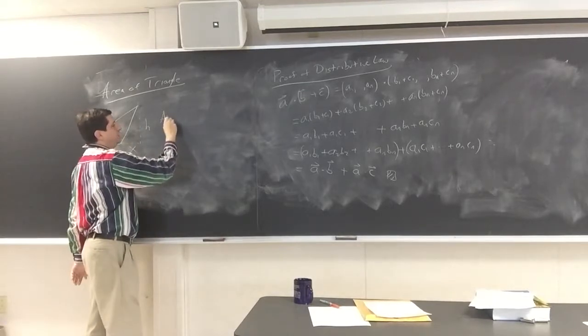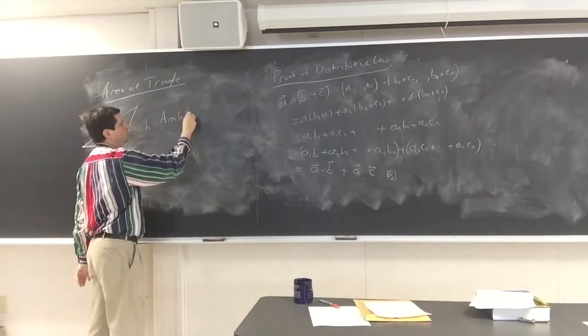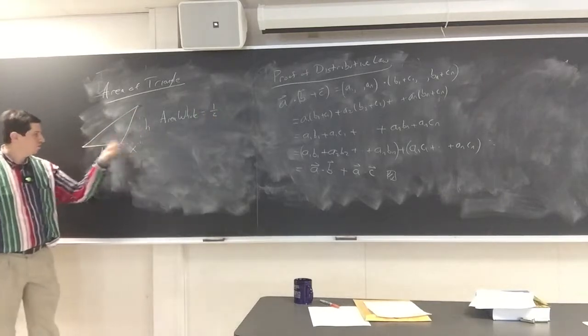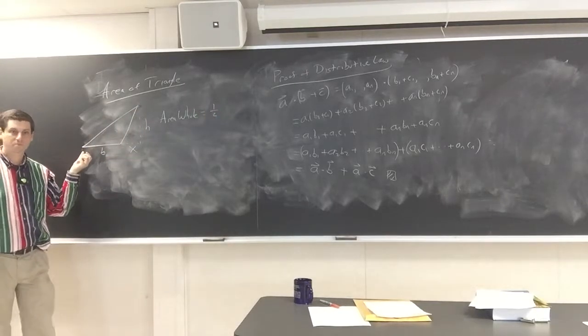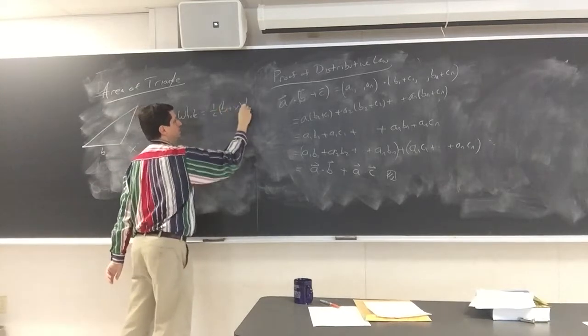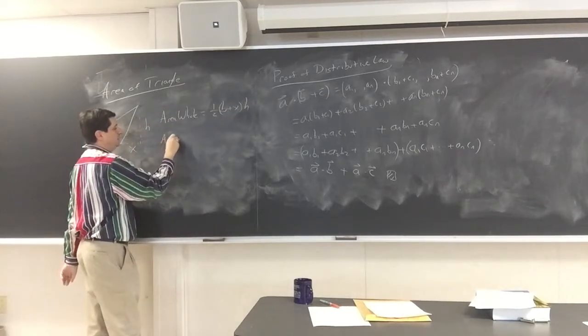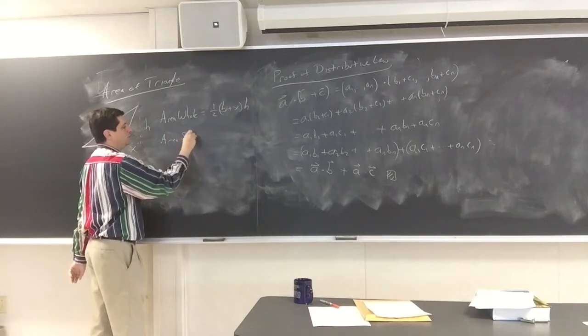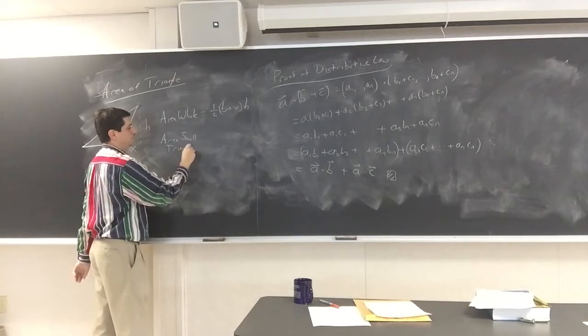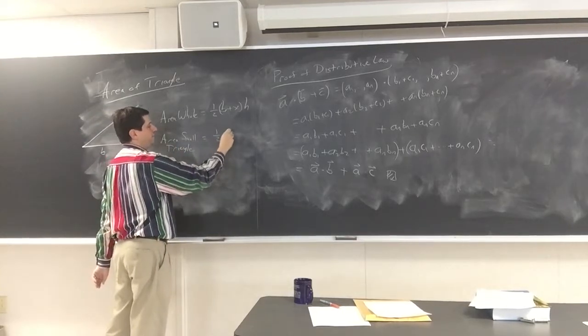So area of the whole is just going to be 1/2. What's the base of the whole thing? B plus x. 1/2 (b plus x) times the height. And then the area of the small triangle will be 1/2 xh.